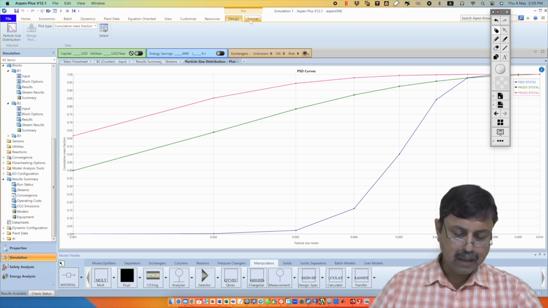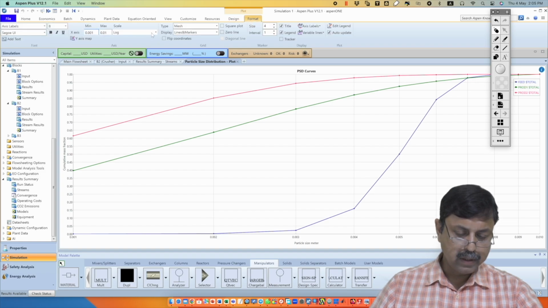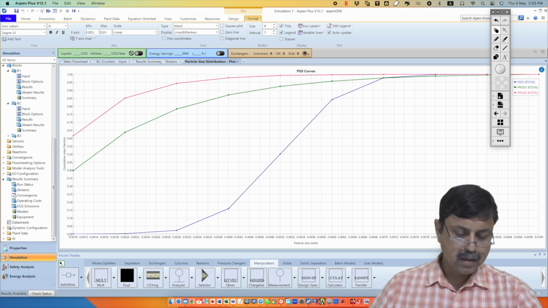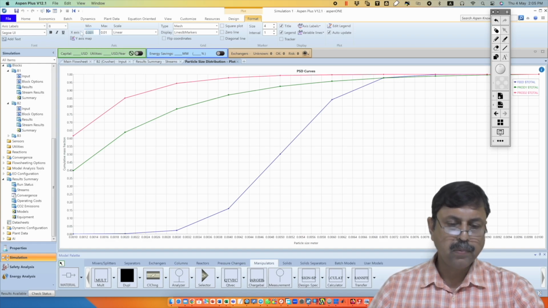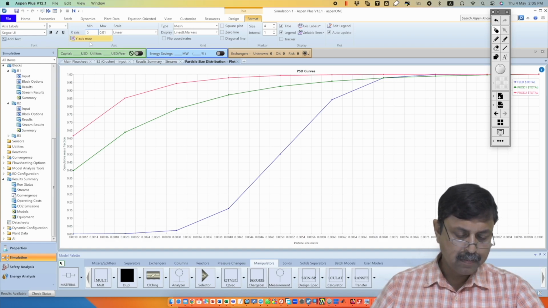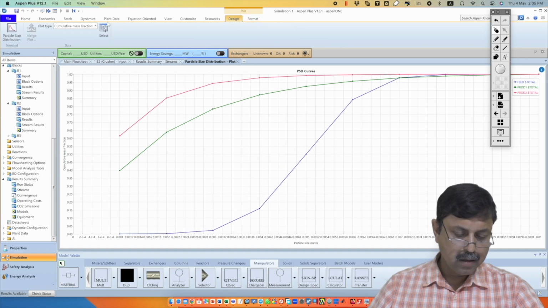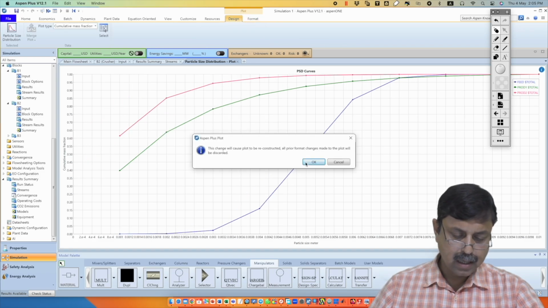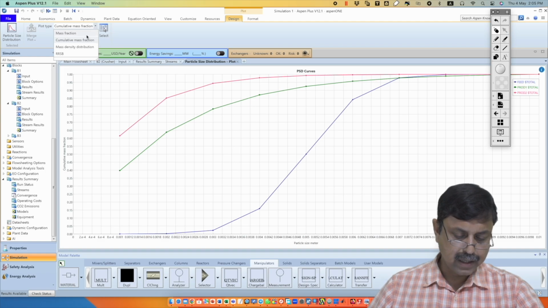And again, like before, you can format it with a linear scale, set it between 0 and 0.01, and you can try mass fraction.